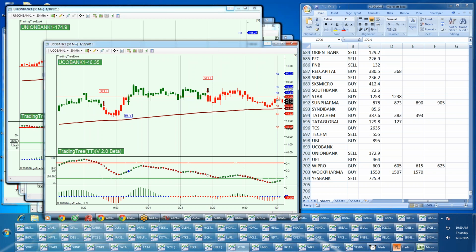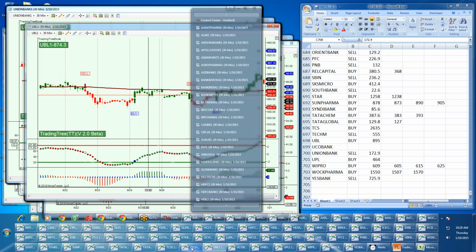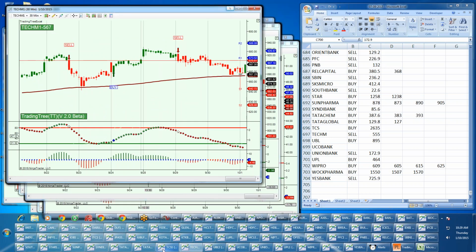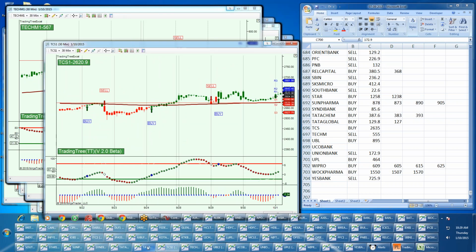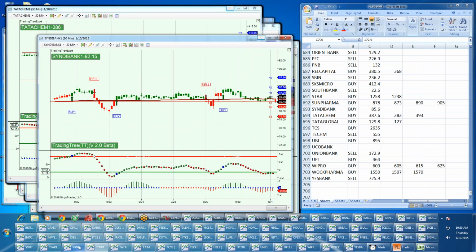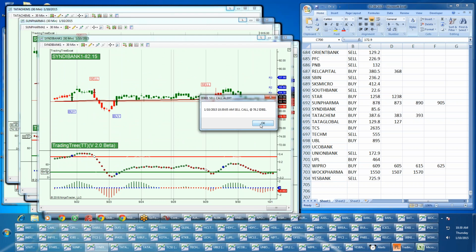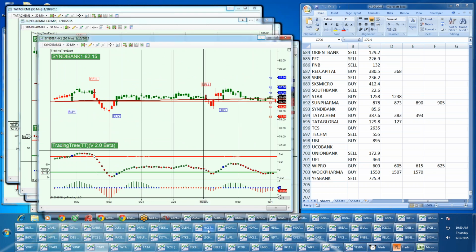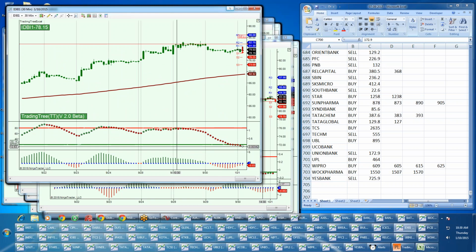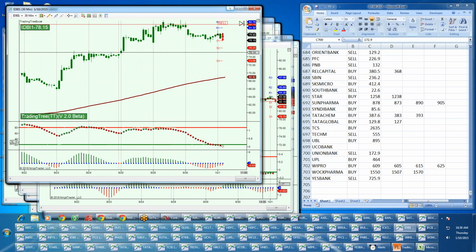Echo, once it breaks this brown line, then we can enter this trade. So we have a sell in IDBI after many days. So we'll short it at 77.90.